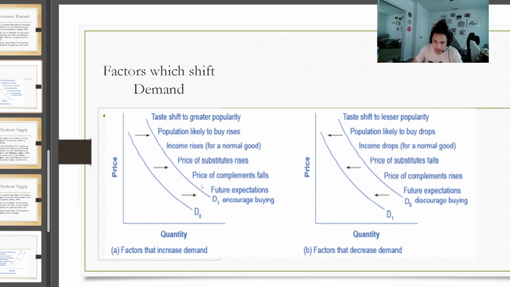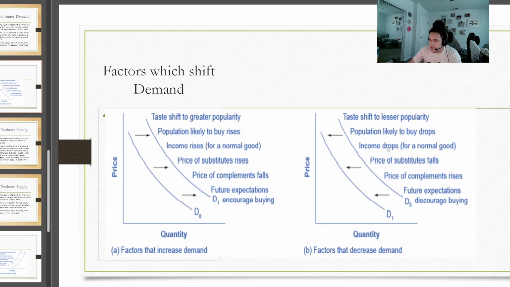And so if our market here is for Nike shoes, and we see that the price of Adidas sneakers rises, then that can increase or shift to the right our demand for Nike shoes, because our substitute, the thing that we generally might replace them with, has gone up in price.